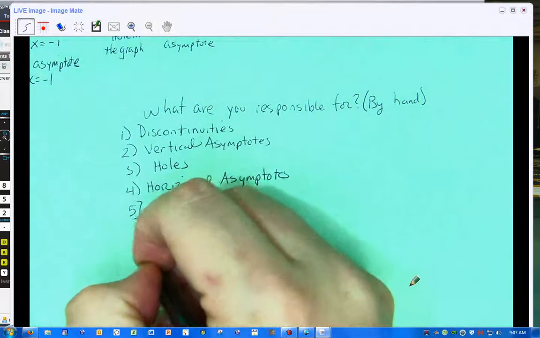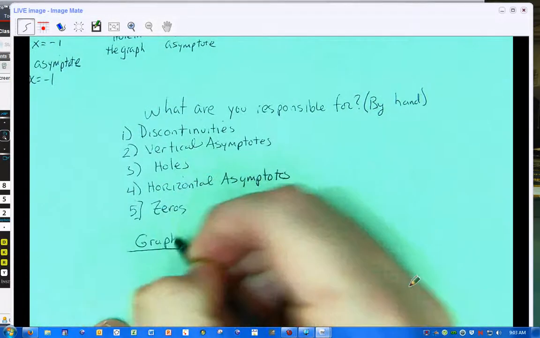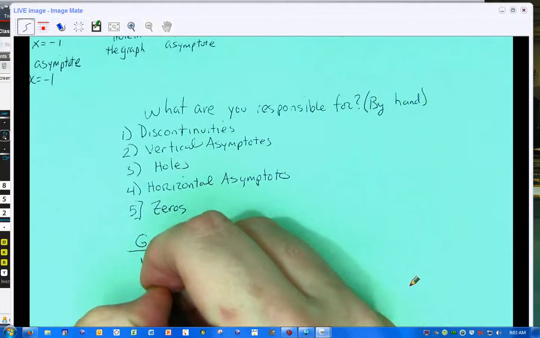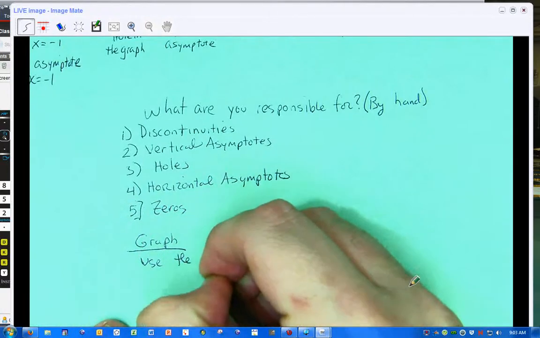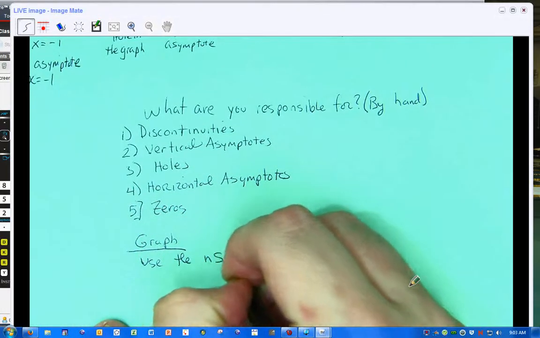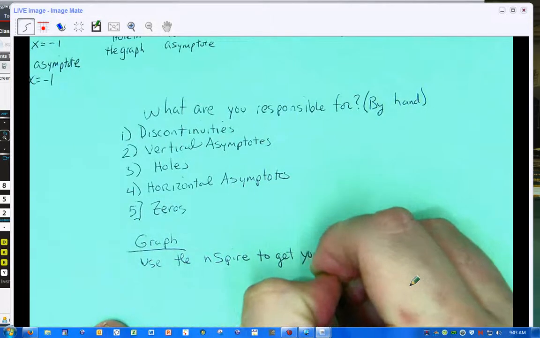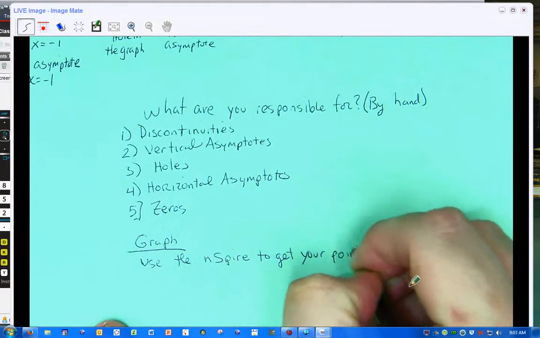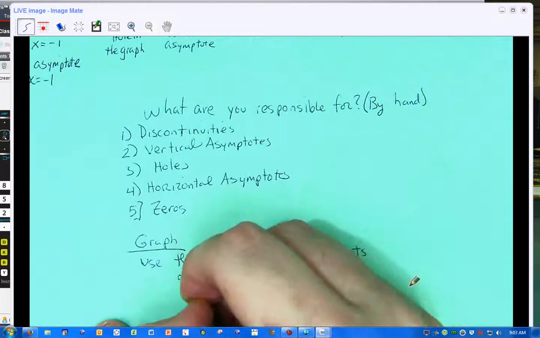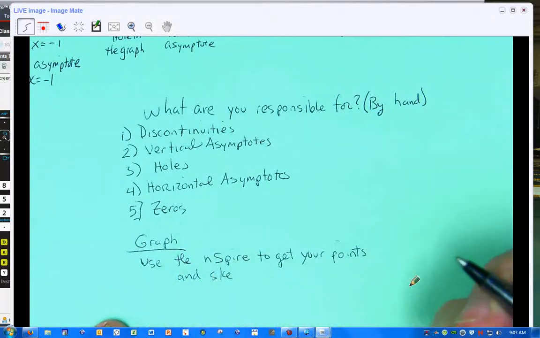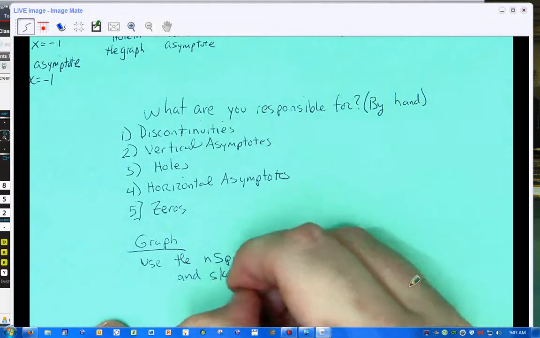Then as far as the graph goes, you're going to use your calculator, the Inspire, and then sketch the graph.